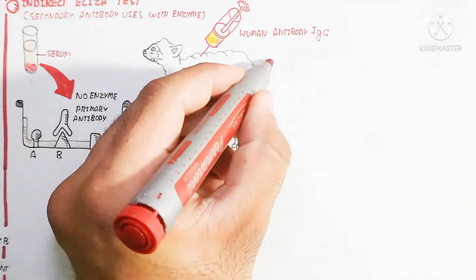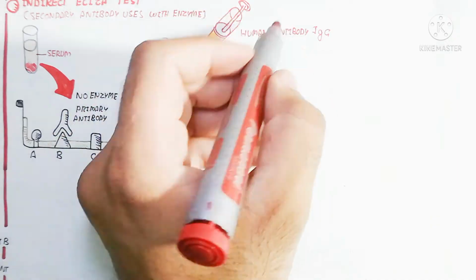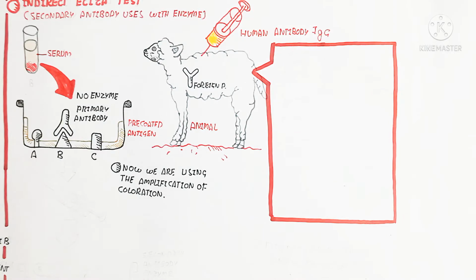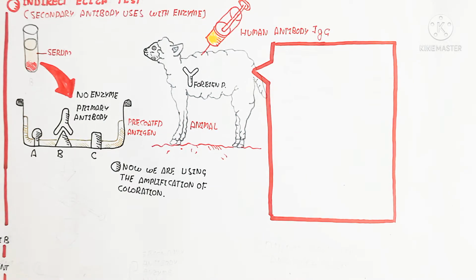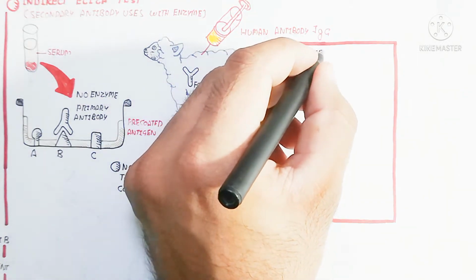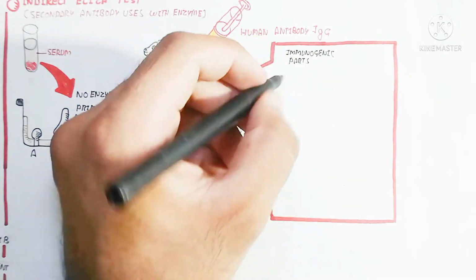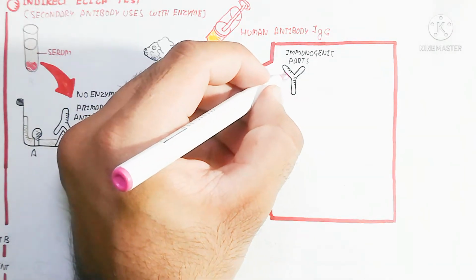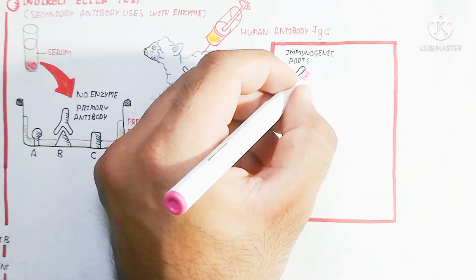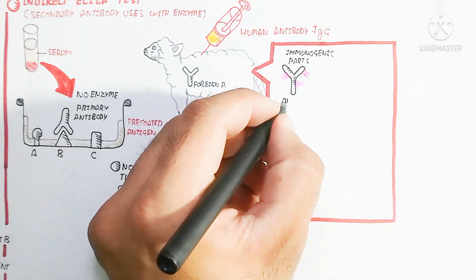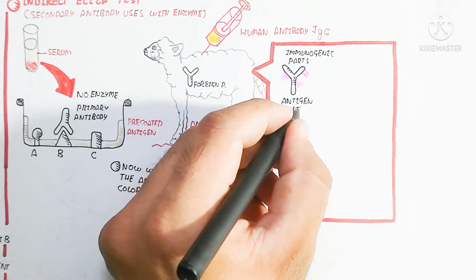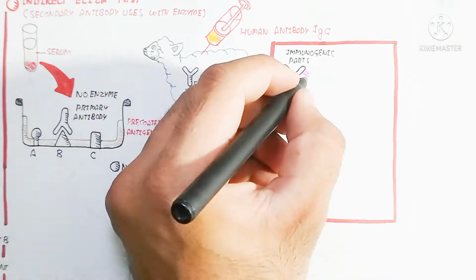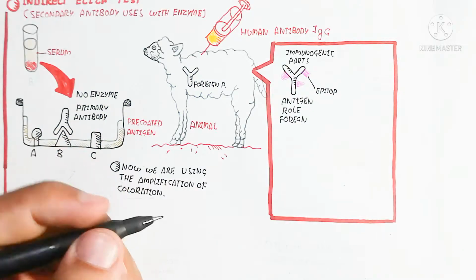The immunogenic part is basically activation. So the foreign antibody contains epitopes, and many epitopes are present in the foreign antibody. The animal produces antibody against the foreign antibody that came from the patient, and against the epitope, the antibody will be produced by the B memory cells of the animal.